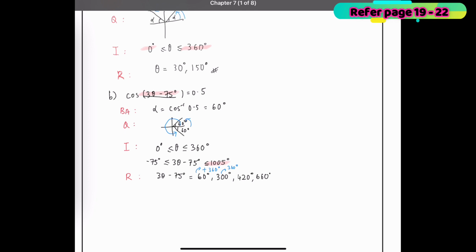We haven't reached our maximum yet, so we add another 360 for both values. So 420 plus 360 is 780, and 660 plus 360 is 1020. But this one already exceeds our maximum value here, so we can simply ignore it.